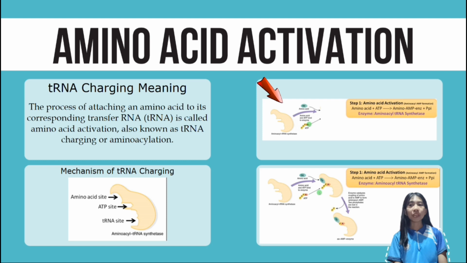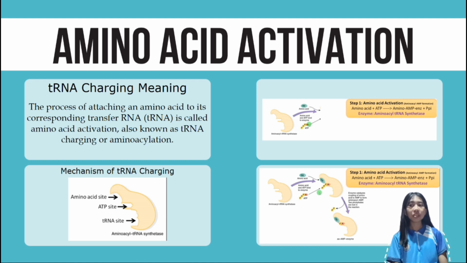The first step is the amino acid binds to adenosine triphosphate, forming amino acid AMP, releasing pyrophosphate or two phosphates. These two phosphates are lost during the process of phosphorylation. So now, the amino acid is activated after the phosphorylation process.